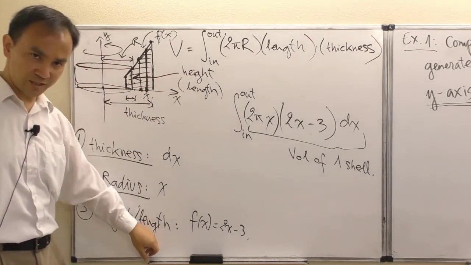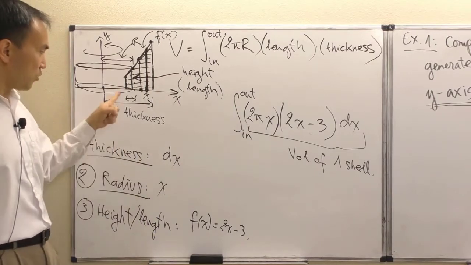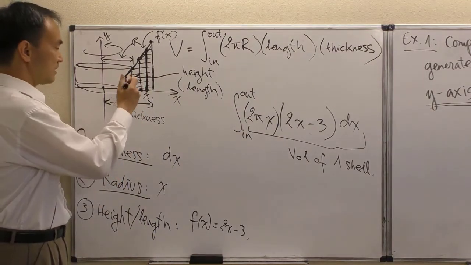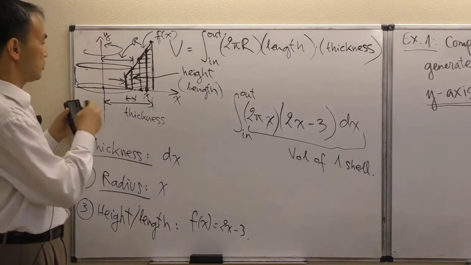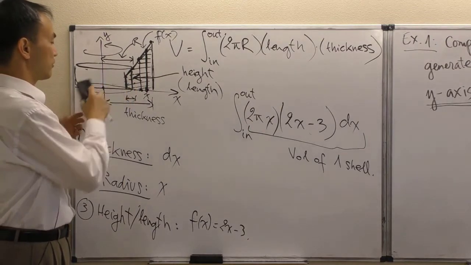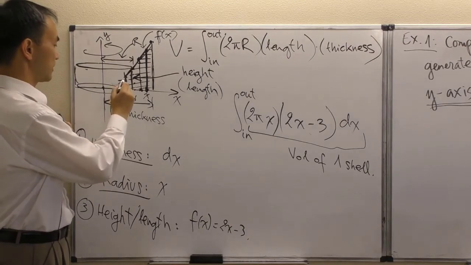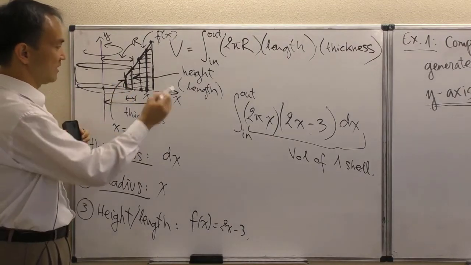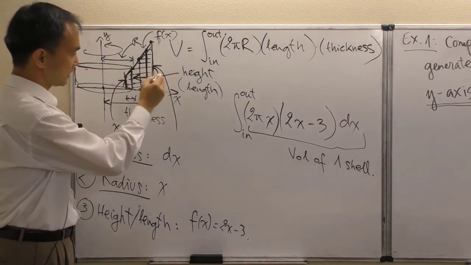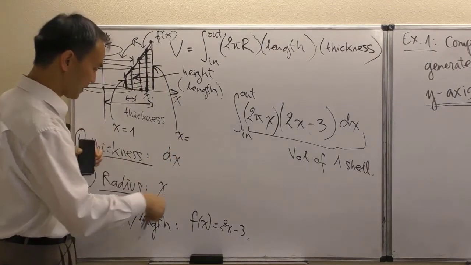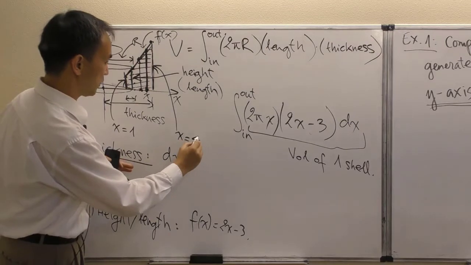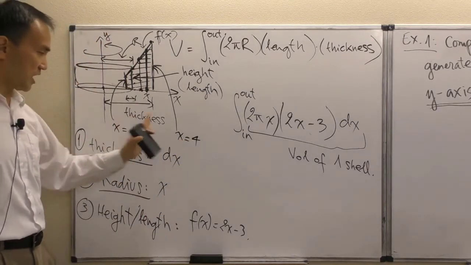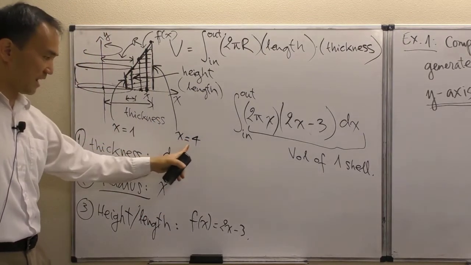In the way the picture looks, this inner boundary line is x equals 1. Now I realize my picture is a little too much. So x equals 1 is here, and this last line is, according to the picture, x equals 4. So inside is here, outside is there.